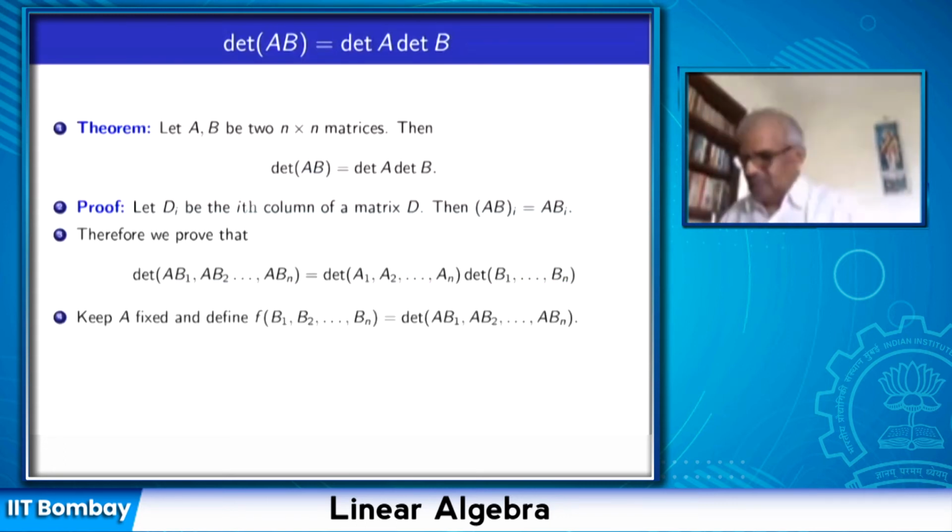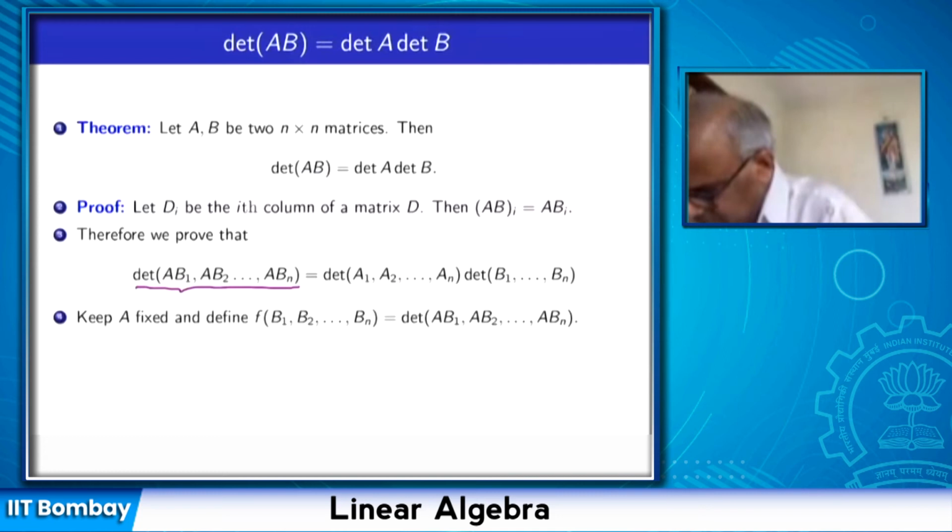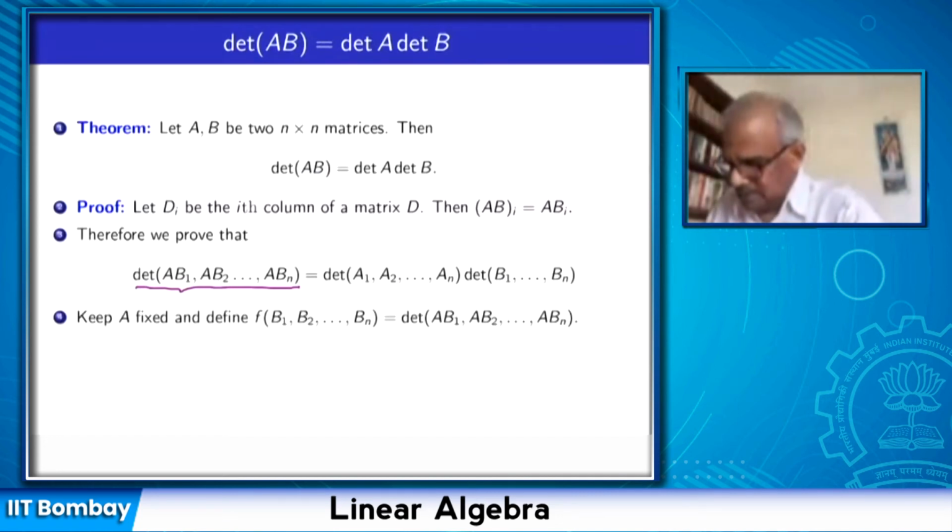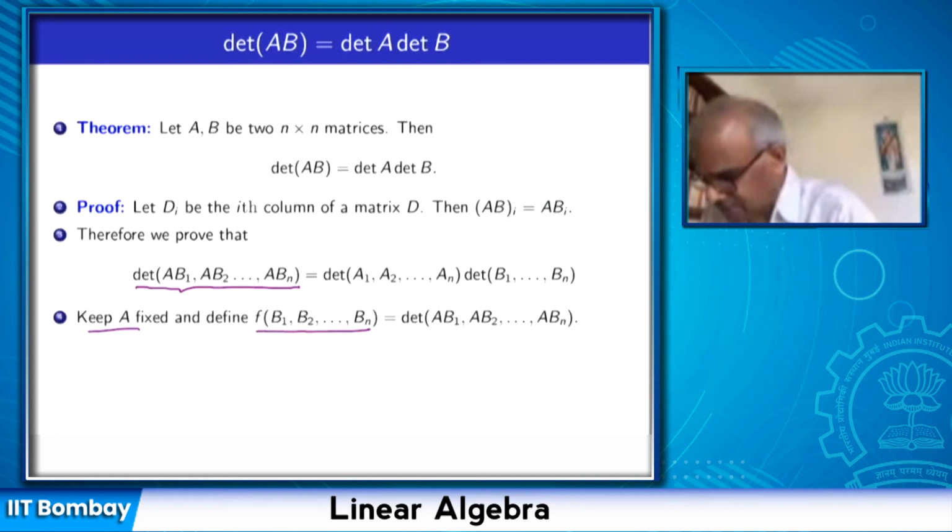Now here comes the non-trivial step in the proof. Keep A fixed. Define a new function on the space of n by n matrices, f of b1, b2, bn. B is now a varying n by n matrix, A is fixed, and I define this function f as the determinant of AB1, AB2, ABn.